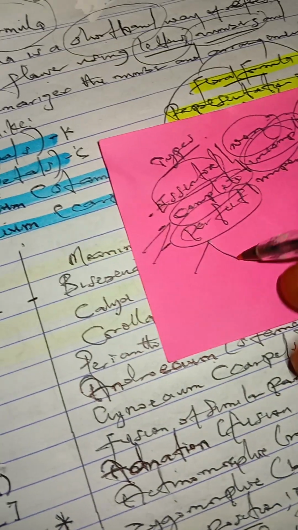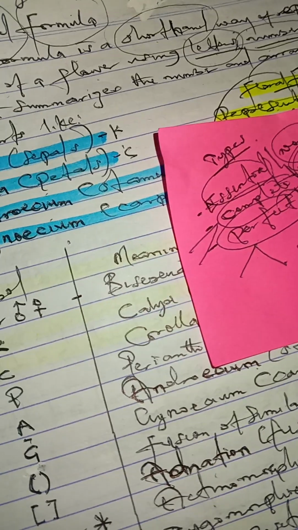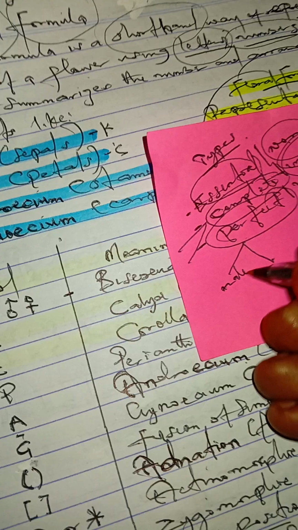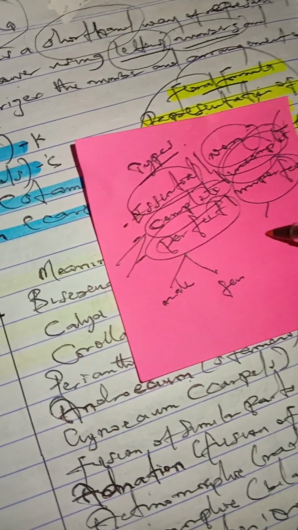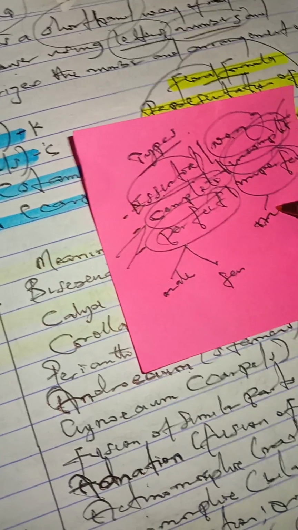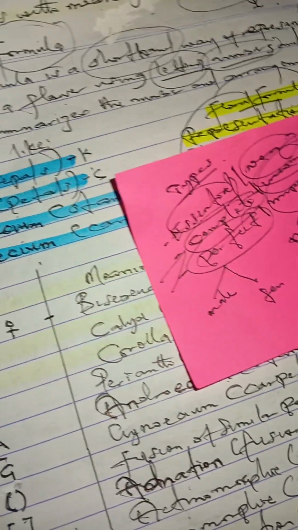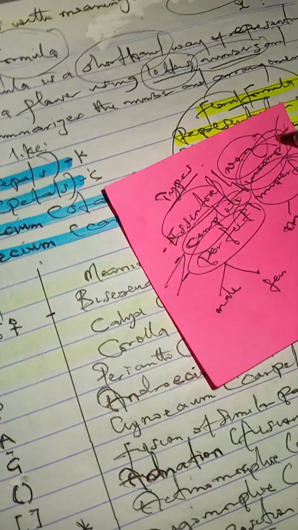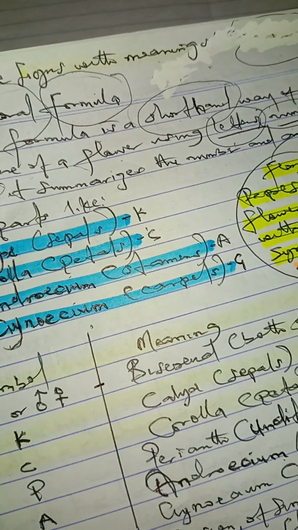So a flower that has reproductive structure has both the male part and the female part. Imperfect simply means it is either only having the male part or having the female part. Irrespective of what we have here, you can use your floral formula to actually represent them.